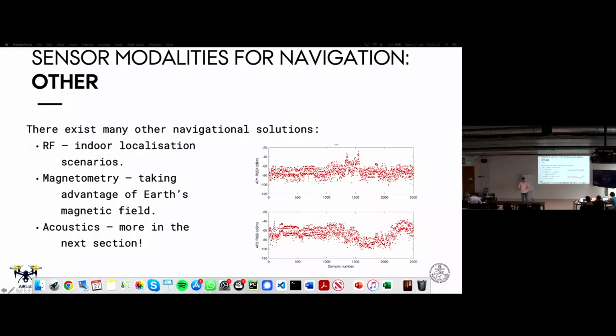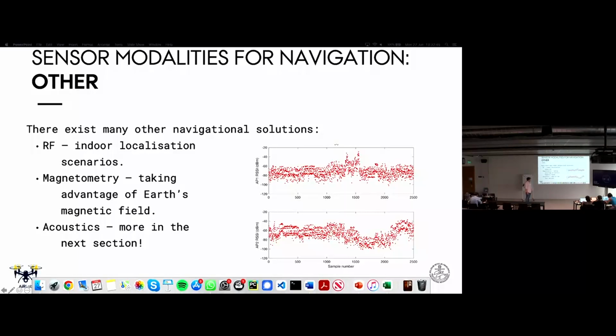You can learn these patterns, and then regress that onto a localization state space. It's quirky, to say the least. I don't think I've seen anything very effective using it, but it's a very good idea, and I quite like it. Also, acoustics.